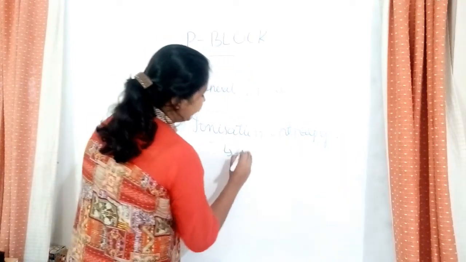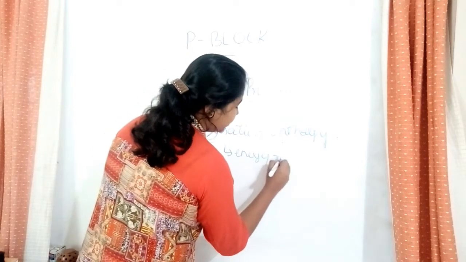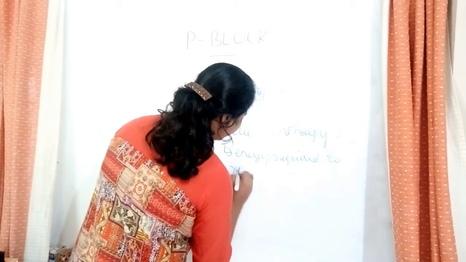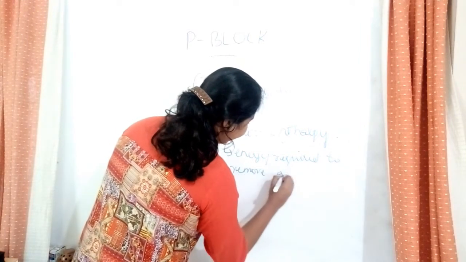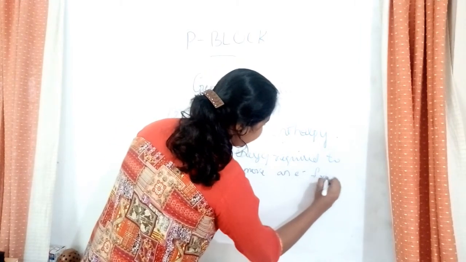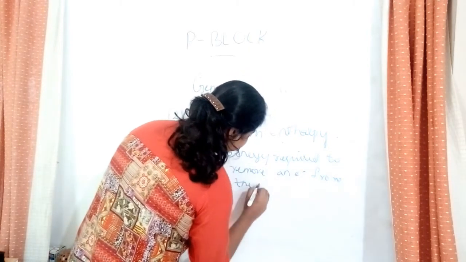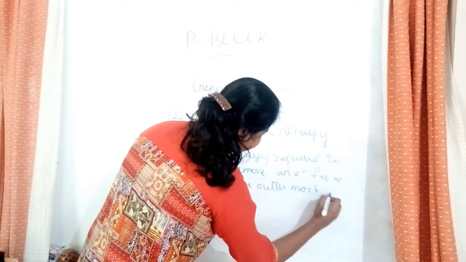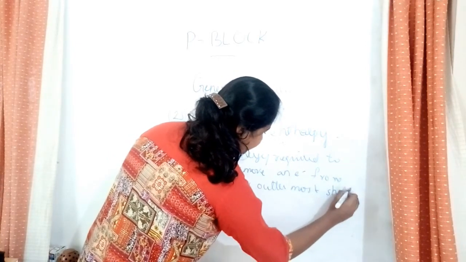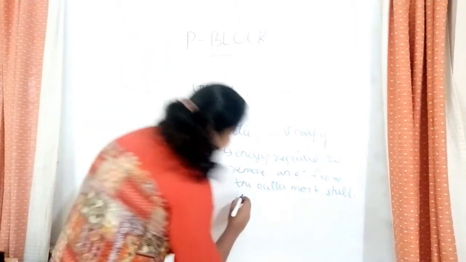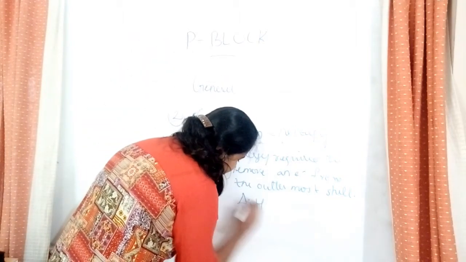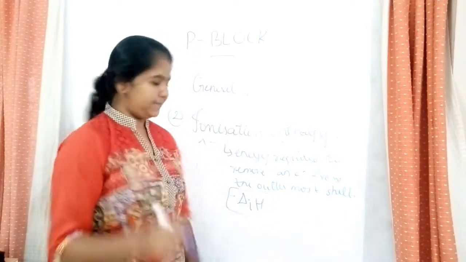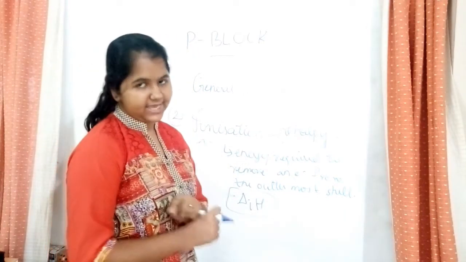That is the energy required to remove an electron from the outermost shell. Okay. It is represented as delta iH. Okay, this is important. So ionization enthalpy is represented as delta iH.